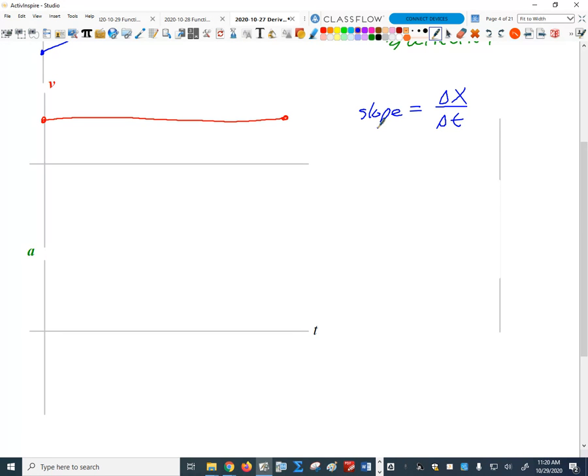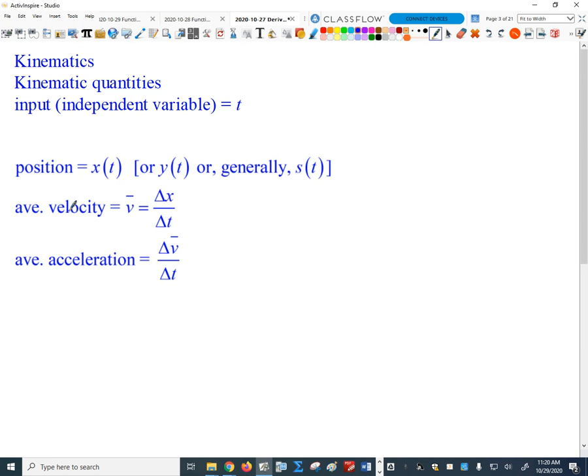So acceleration is what we associate with a change in velocity, and the relationship between velocity and acceleration is identical to the relationship between position and velocity, right? So velocity is going to be the slope of a position time graph, right? Delta x over delta t, rise over run. Well, look at this.